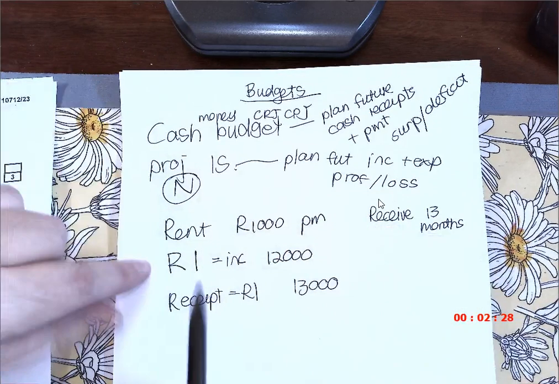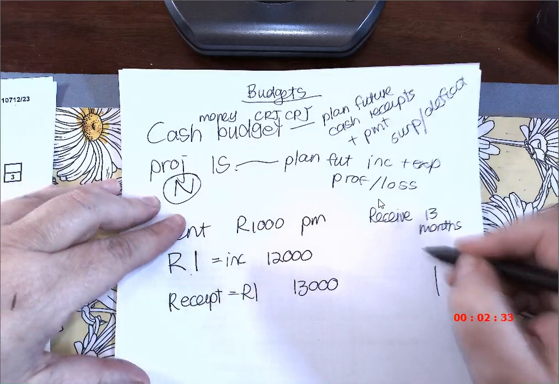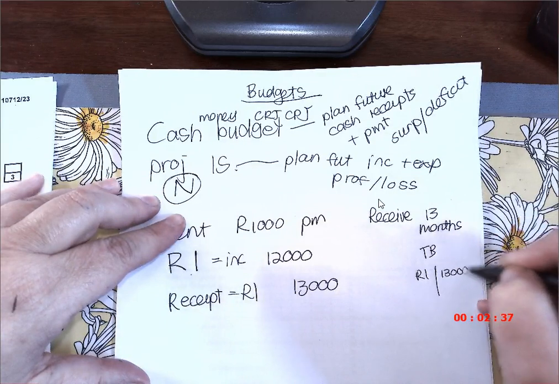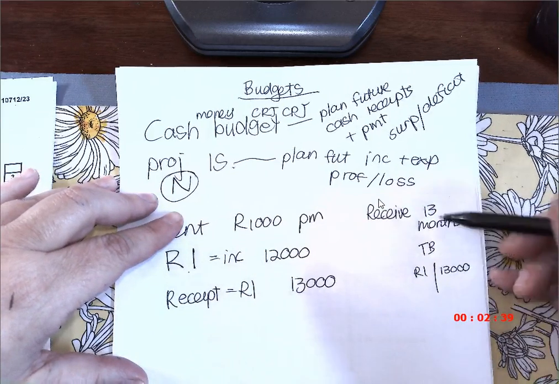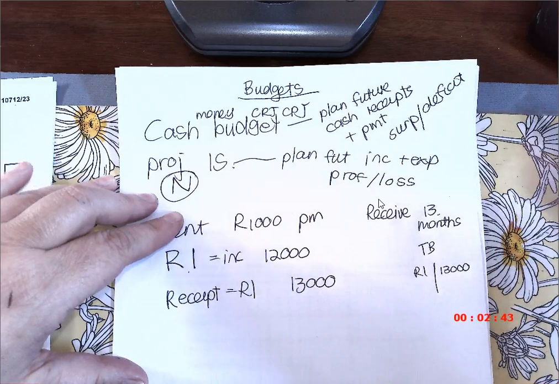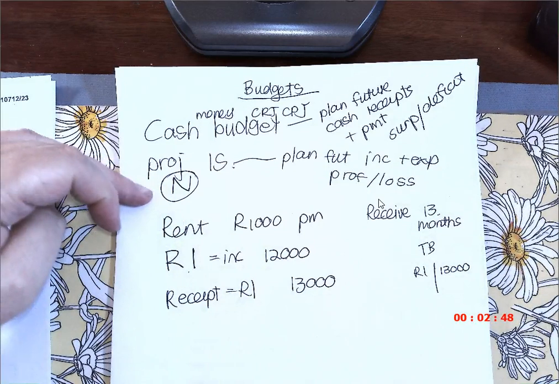Can you see? In your income statement you would have seen in the trial balance, your rent income would have been 13,000. And they would have said, you received 13 months, then you would have divided it by 13 to get 1 month in advance, and you would have subtracted it to get the 12.